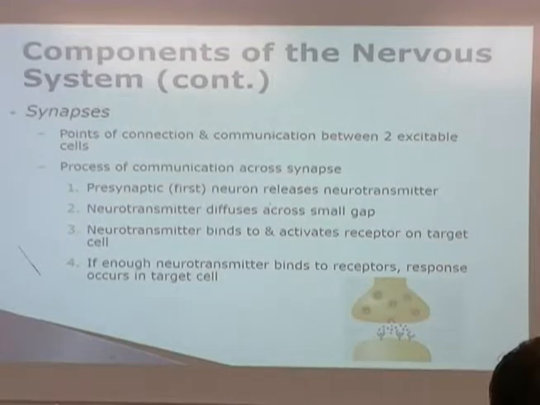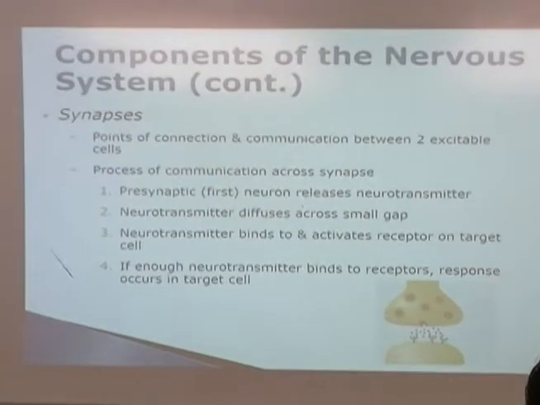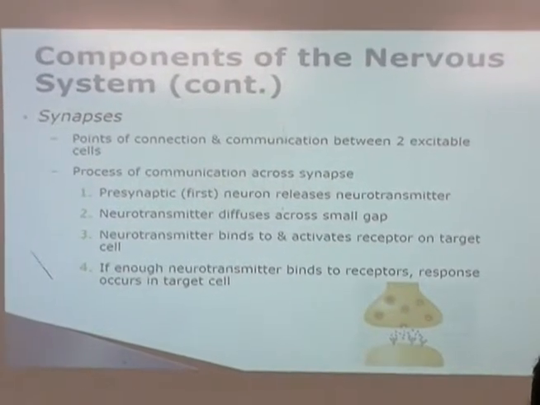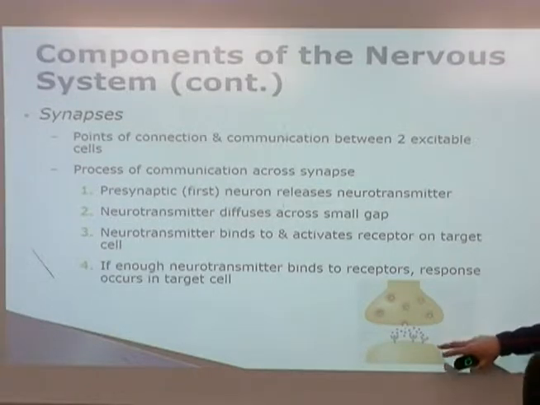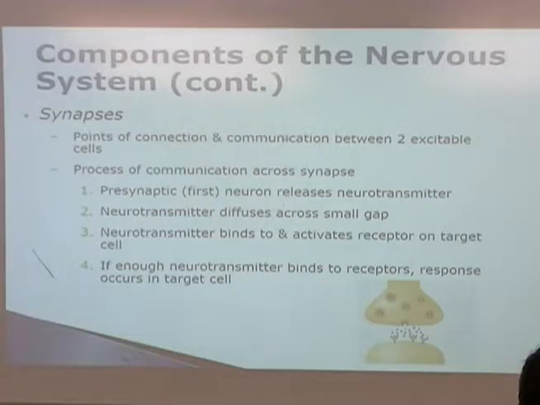I can't transmit electricity across the gap, so I have to change it from an electrical signal into a chemical signal, flood the gap, and then turn it back into an electrical signal on the post cell. So, neurotransmitter is the chemical. It's going to transmit the nervous signal. And then once it floods across the little gap, it's going to attach to receptor sites on the postsynaptic tissue.